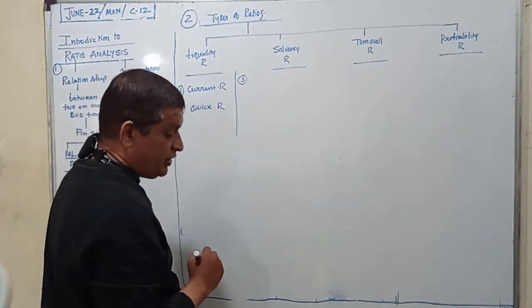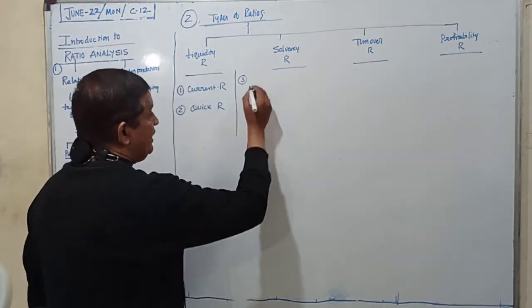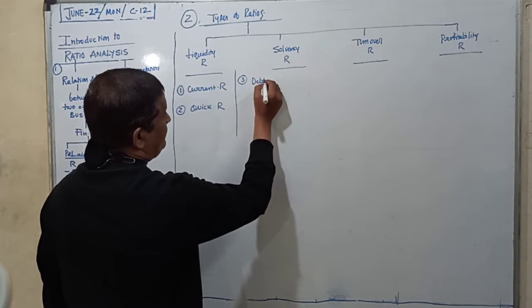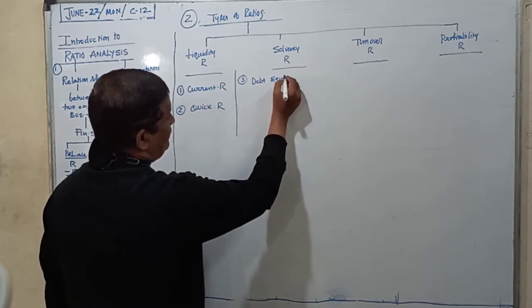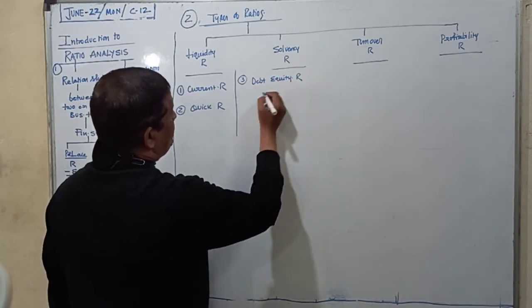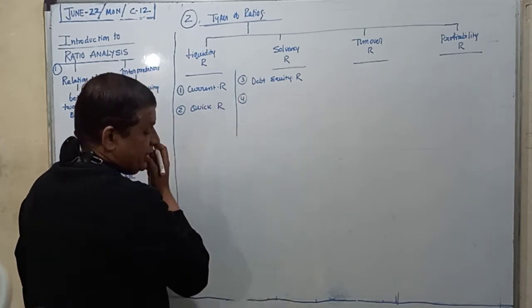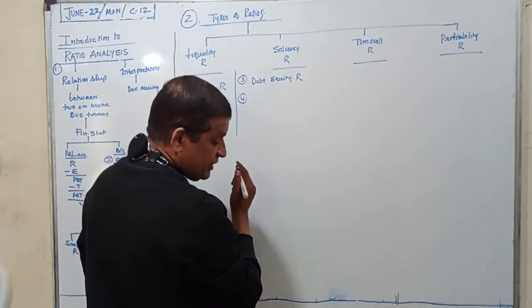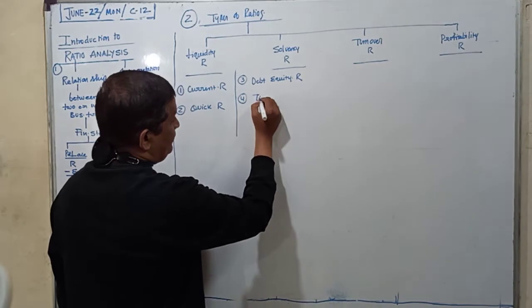Under solvency ratio, what do we see? We see debt equity ratio. Next, 4, we see total assets to debt ratio.